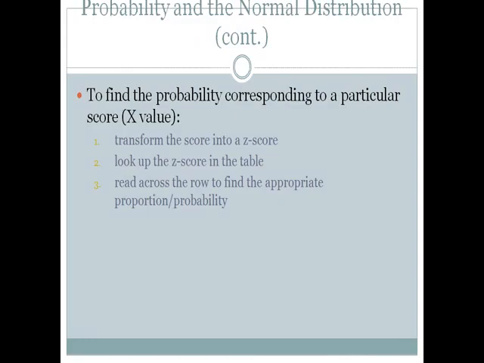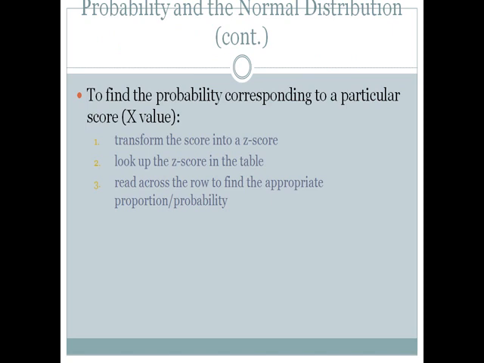Okay, so how do we use this table to find the probability corresponding to a particular raw score? X I usually use to stand for a raw score value. Number 1, the table in the back of the book, table B1, the unit normal table, doesn't include raw scores. That wouldn't be very useful. It includes z-scores.